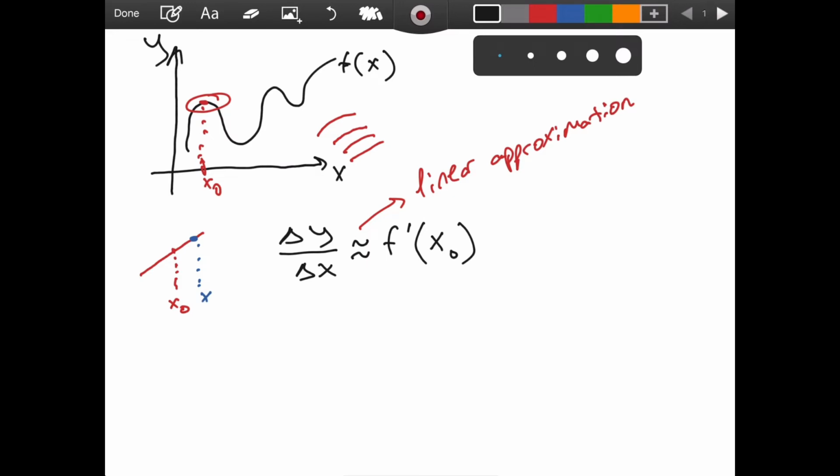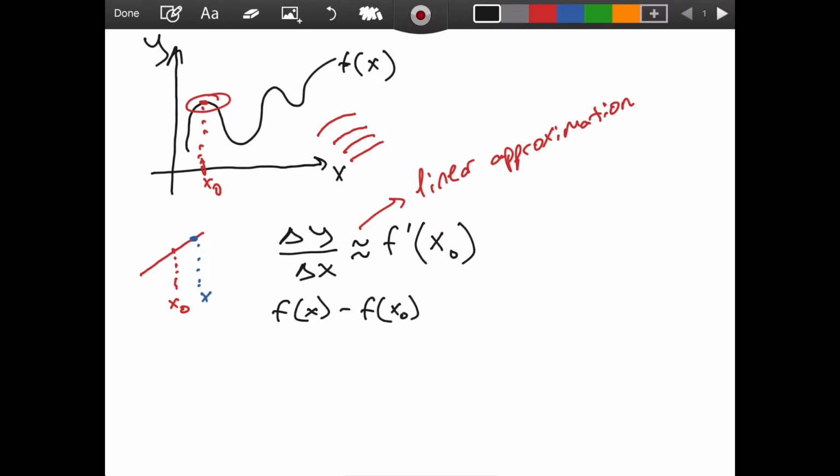Let's expand this a little bit and make it a more useful formula. For delta y, we can write f of x minus f of x naught, right? This is our y coordinates, and we just plugged in the values to get f of x minus f of x naught.